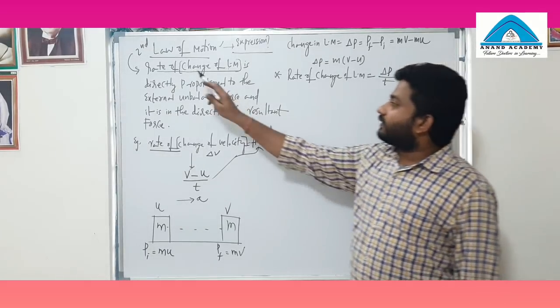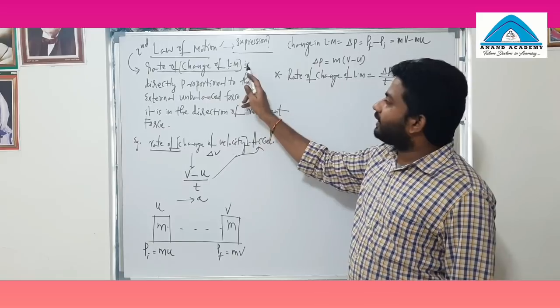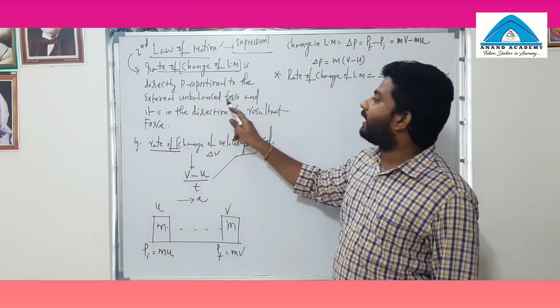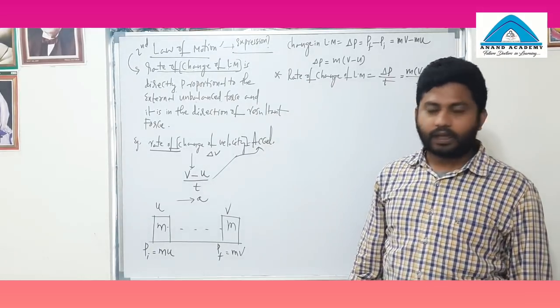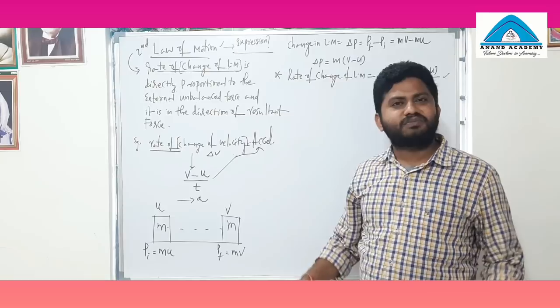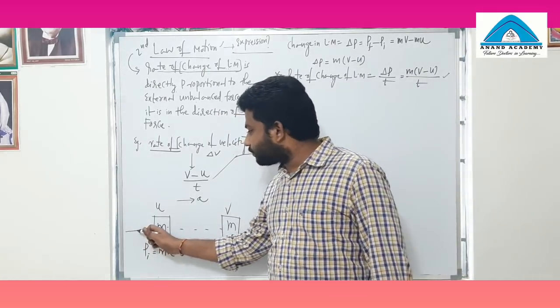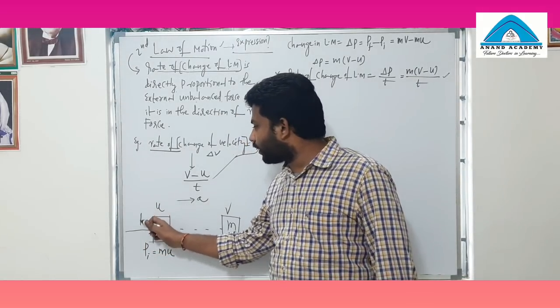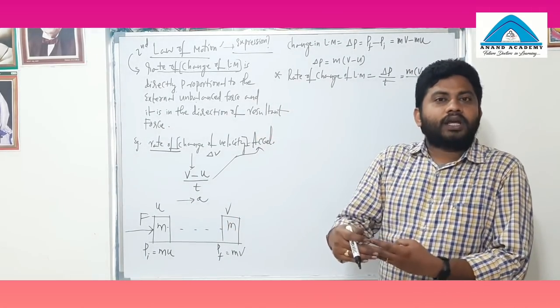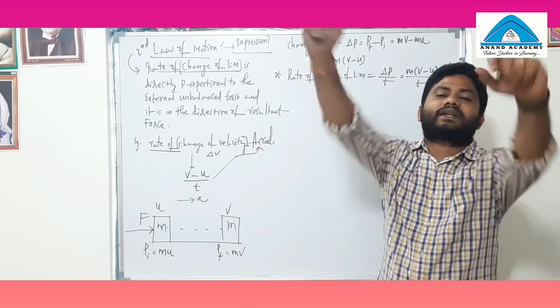Now, the rate of change of linear momentum is directly proportional to the external unbalanced force. Here, the body is moving with some constant acceleration, which means definitely there must be a force applied on this body. Because of that force only, the body is getting accelerated.